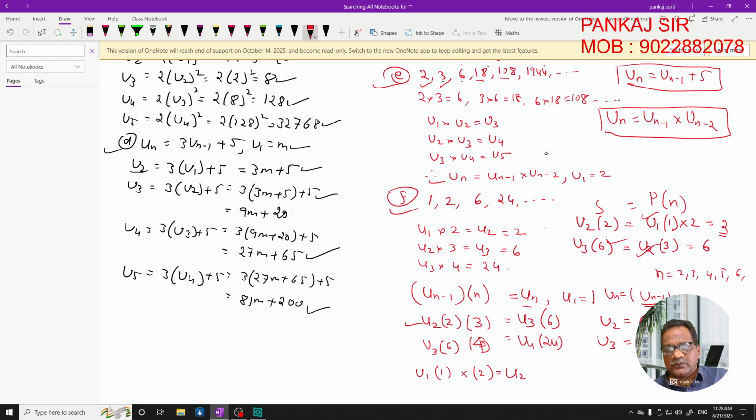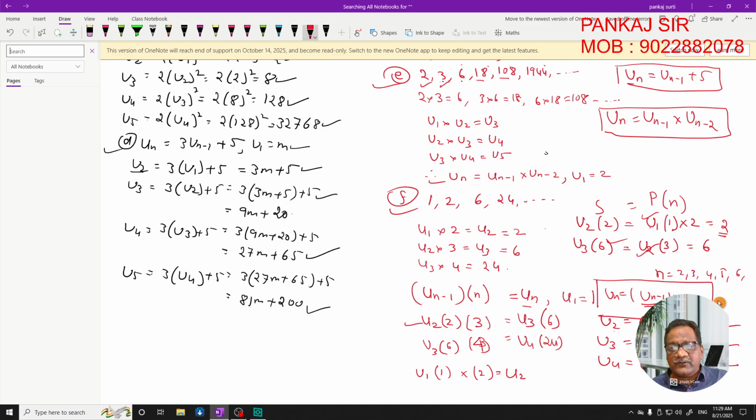The previous term was 2, multiplied by 3 gives 6. And u4 is 6 multiplied by 4, which is 24. You see, you are getting 1, 2, 6, 24. So the general term will be un equal to un minus 1 multiplied by n.